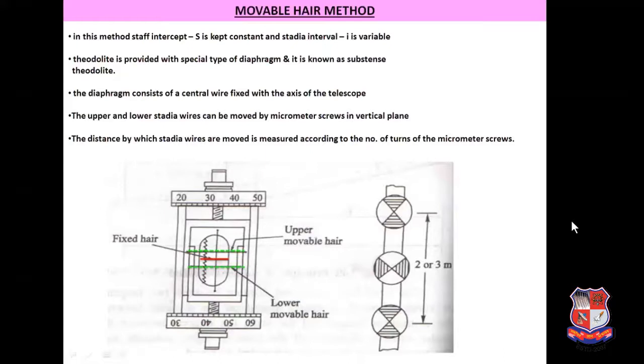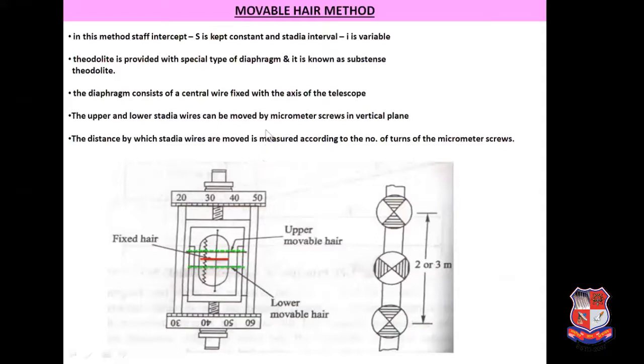The diaphragm consists of a central wire fixed with the axis of the telescope. You can see the red line shown here is the fixed hair, and the upper and lower stadia wires, the green dotted lines above and below this red line, are the upper movable hair and lower movable hair.